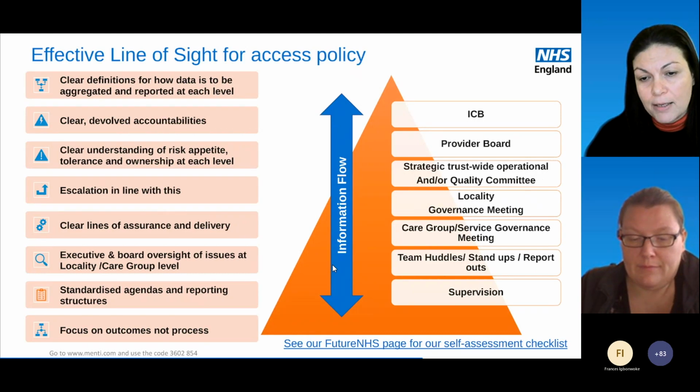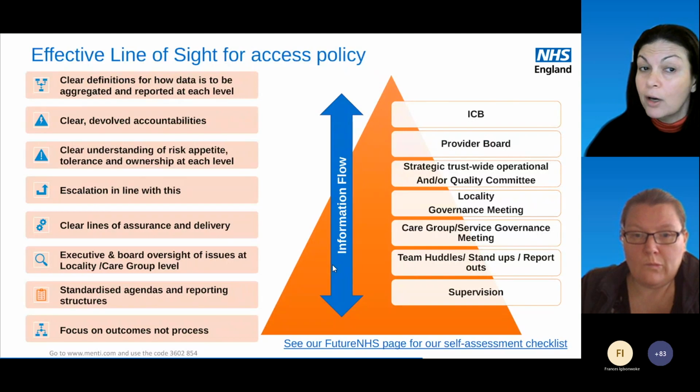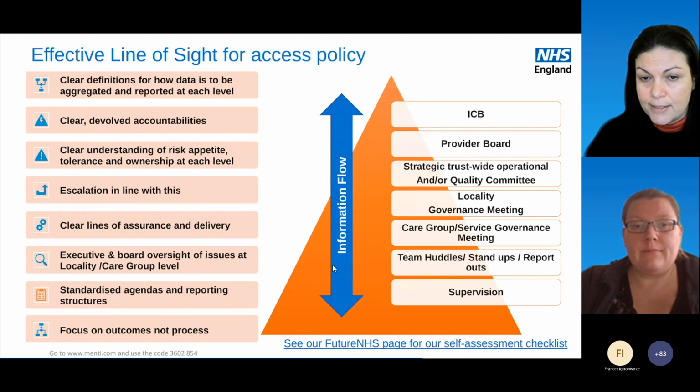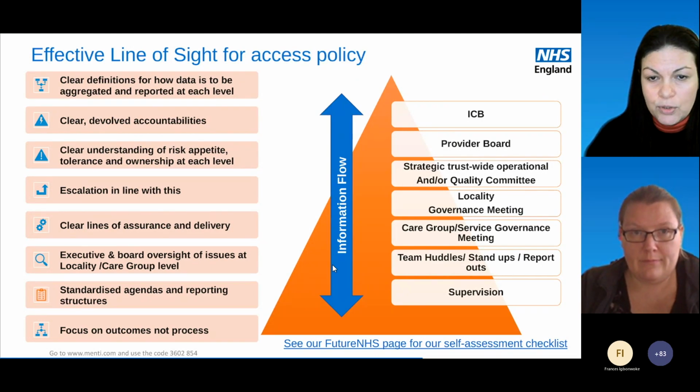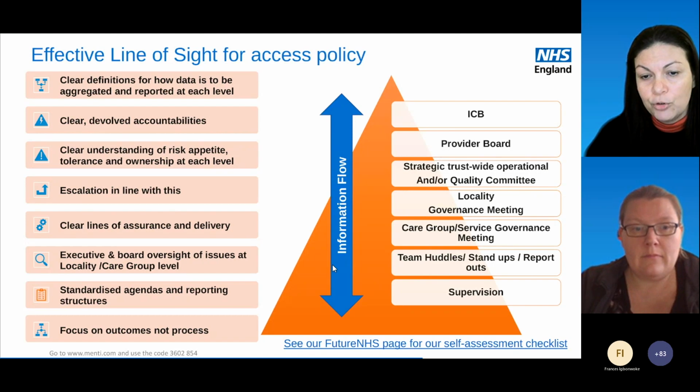So in terms of, as Sarah has mentioned, it's really important to put a focus on the importance of having good governance and line of sight when it comes to access policies. And this is a slide that we've used in a lot of other modules, because we believe that the governance aspect of how improvement is made is key.